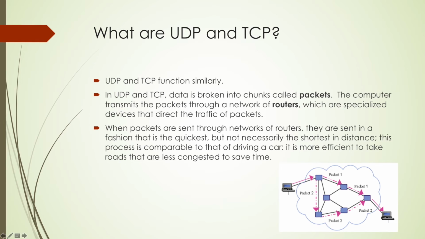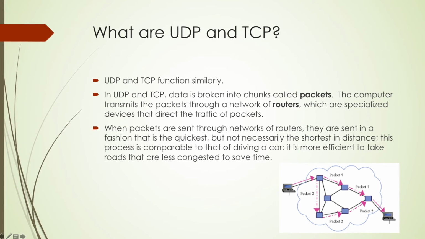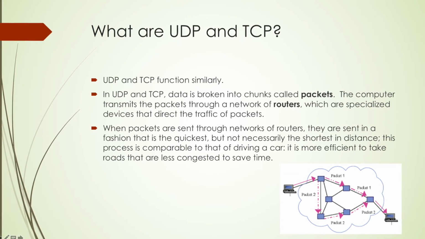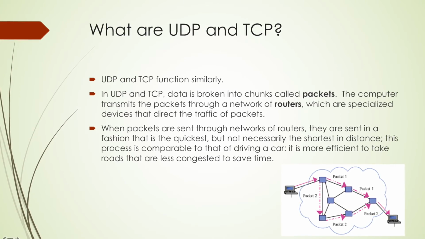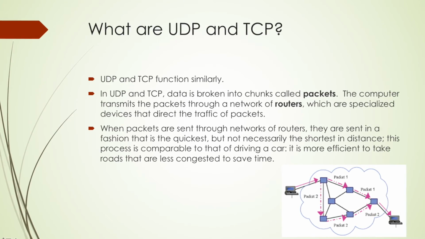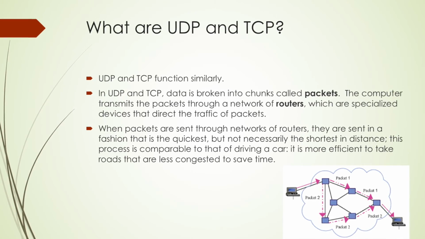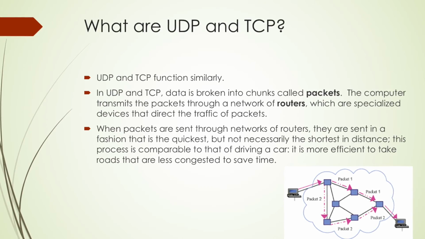If you're following along, one of the fill-in-the-blank questions: UDP and TCP function similarly. In UDP and TCP, data is broken down into chunks called packets. The computer transmits the packets through a network of routers, which are specialized devices that direct the traffic of packets.